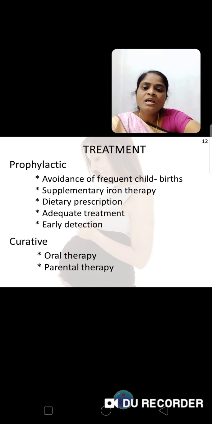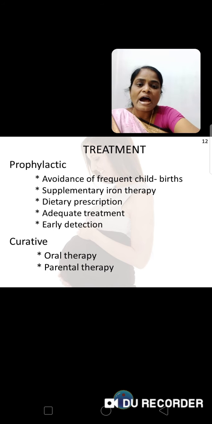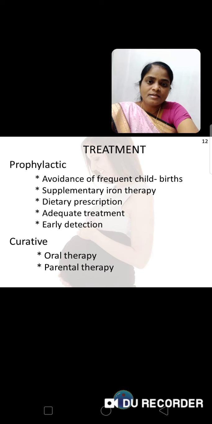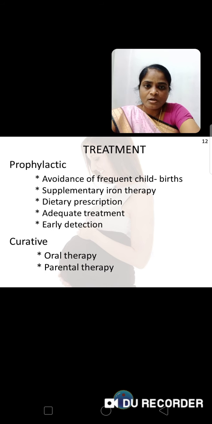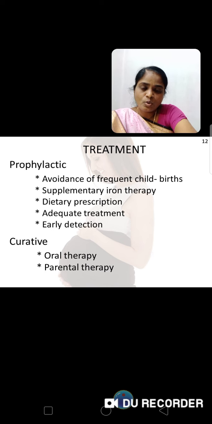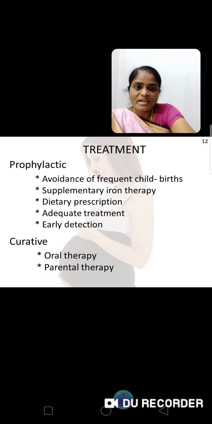First one. And next is supplementary iron therapy. Nowadays, through the primary health center and school health nursing itself, we meet adolescent and teenage students, and we give an iron tablet every day, as an iron supplement. The tablet contains 1 milligram of folic acid and 20 milligram of iron, totally 60 milligram.